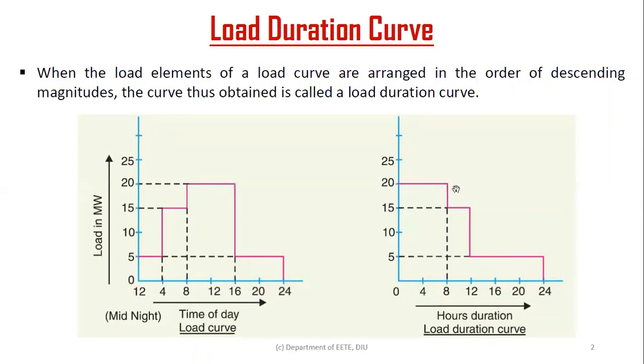So it will give us the information that 20 megawatt lasted a total of 8 hours, the station supplied 20 megawatt. If anyone asks how many hours the load was 5 megawatt, from this load duration curve we can definitely say that for a total of 12 hours the load has been 5 megawatt.